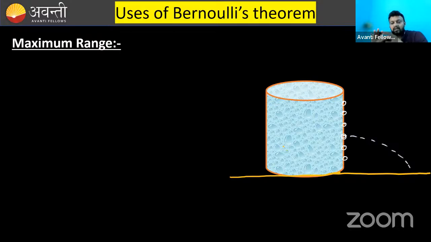Are you getting my point? You can try it at home: if you have made several holes here, at which depth from the surface will the range of the liquid be maximum? So first of all, we will identify that depth at which the range is maximum. Clear? So we will do that in the next class because time is up for today's class.